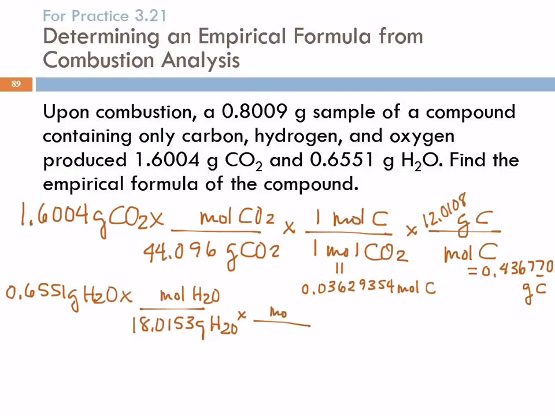Then I need to get to moles of hydrogen from moles of water. 2 moles of hydrogen to 1 mole of water. And then 1.00795 grams of hydrogen per mole of hydrogen.